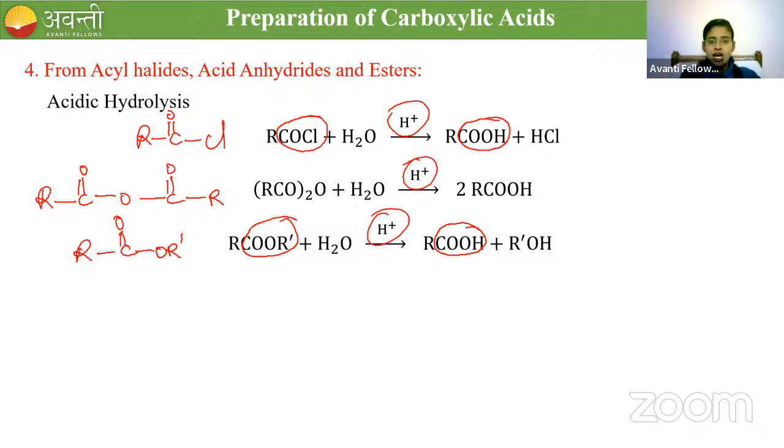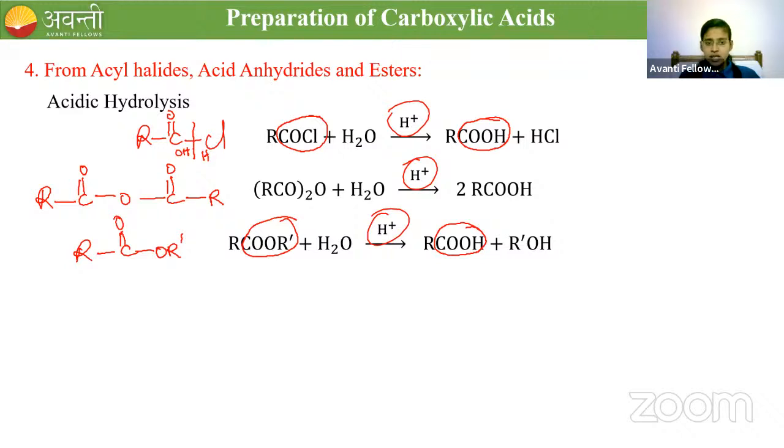So if RCOCl is treated with water, this C-Cl bond will be broken down like this and we have to add OH and H like this. Water will get added to this and we get RCOOH and HCl. And in case of acid anhydride, we have 2 CO bonds, right?